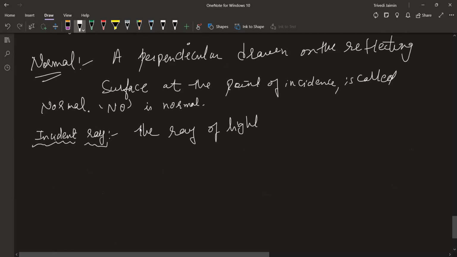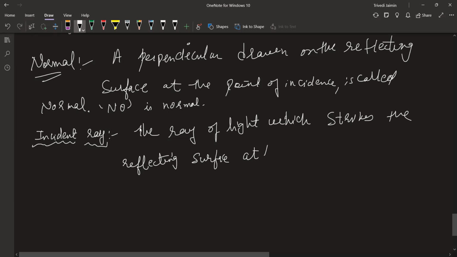The ray of light which strikes the reflecting surface at the point of incidence is called the incident ray.